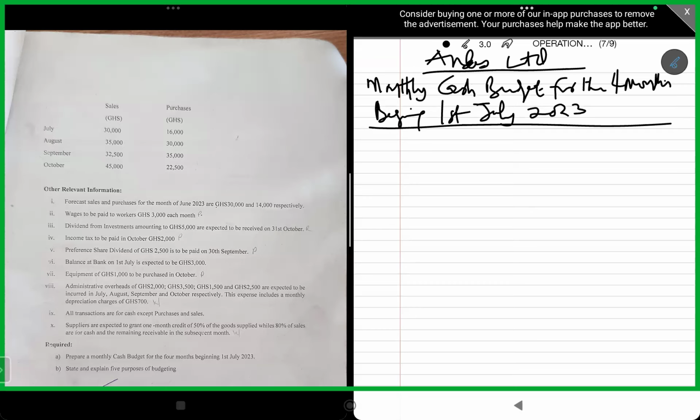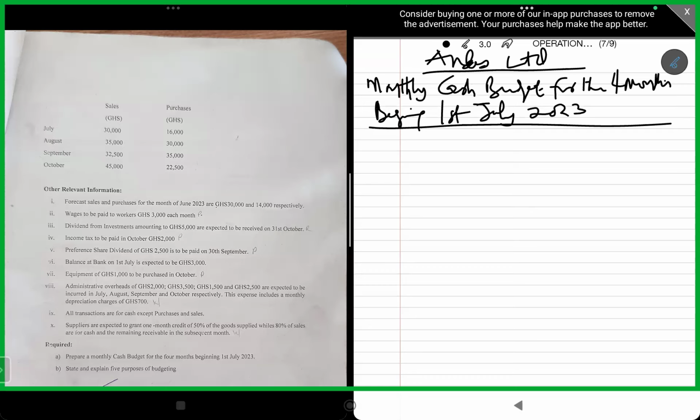and 14,000 Ghana cedis respectively. Wages to be paid to workers 3,000 each month. Dividend from investment amounting to 5,000 Ghana cedis is expected to be received on 31st October. Income tax to be paid in October 2,000 Ghana cedis.